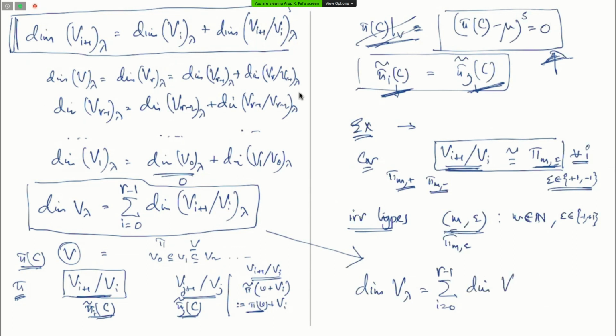Dimension of V_{m,ε,λ}. Because those quotient spaces, they all look like this V_{m,ε} for every i. That is r times the dimension of this. So now it becomes independent of i. So this is r times the dimension.